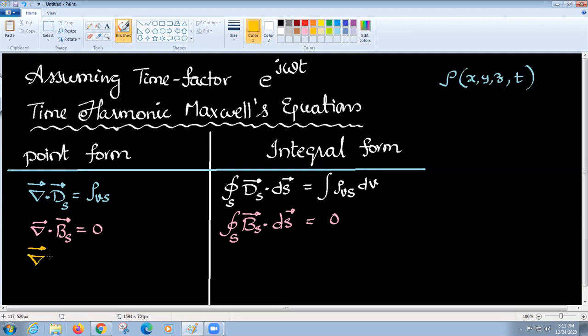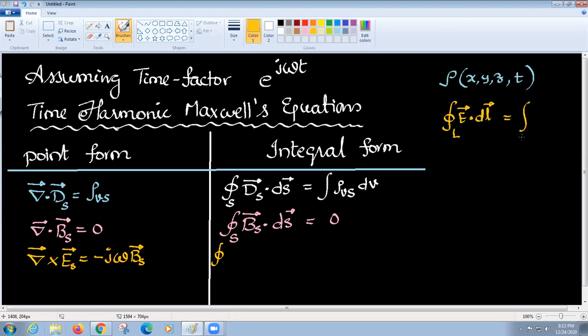Okay. So I have curl of Es, I take in Phasor form. So this is nothing but negative j omega Bs. Okay, if you want it in integral form, now I can apply, for example, the Stokes theorem, right? You already know this Stokes theorem. So for example, you have something like E dot dl, this is a closed line.